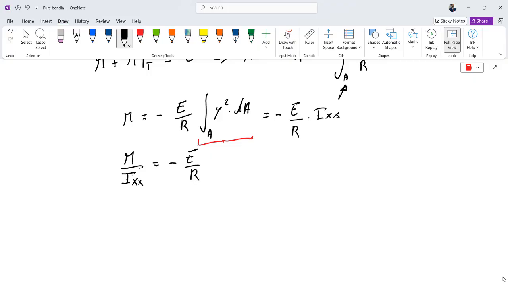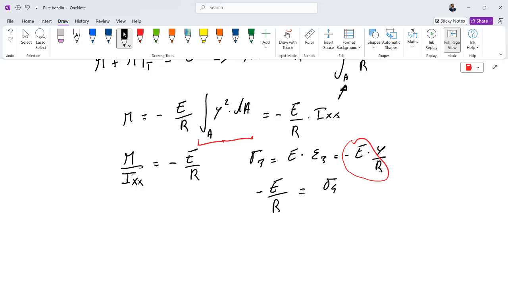But we say that sigma z is equal to the Young modulus times epsilon z, that is equal to minus E times y over R. The ratio of the Young modulus divided by the radius, we can express as minus E divided by R is equal to sigma z divided by y.